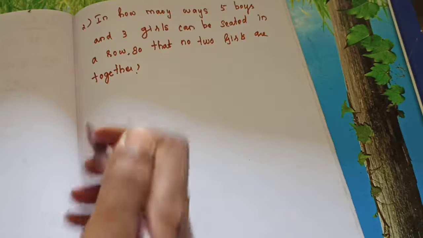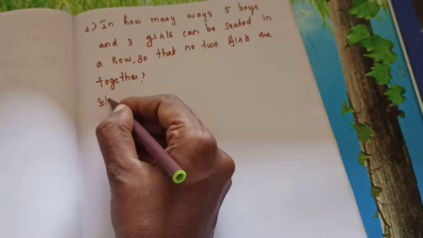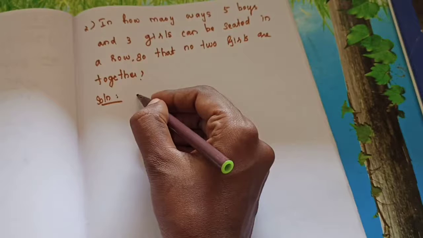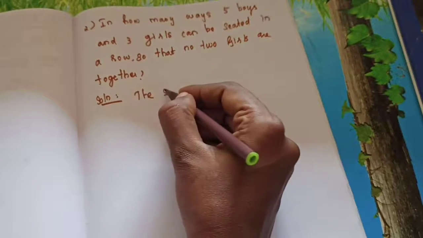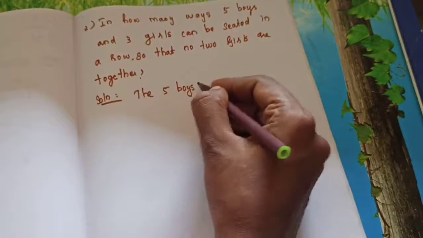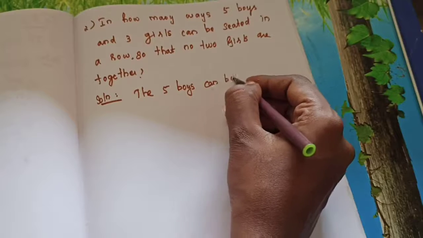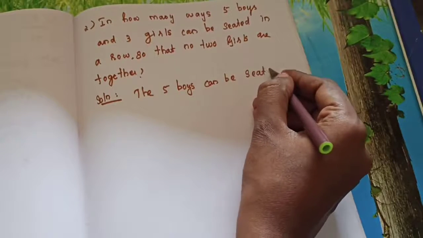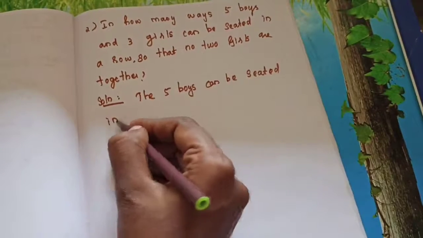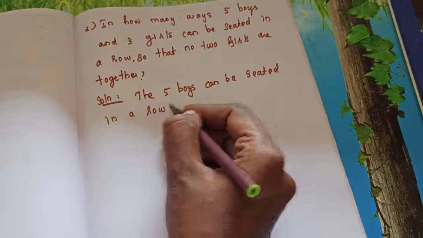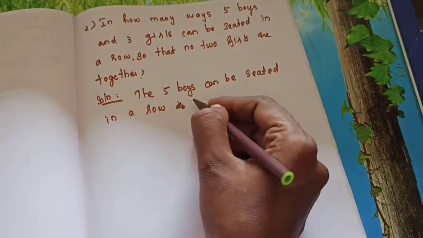I will mark and show you the solution. The 5 boys can be seated in a row in how many ways?